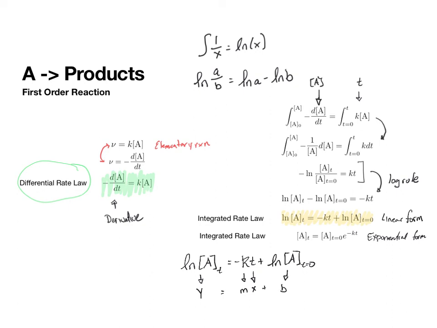This means that if I make a graph of time and the natural log of the concentration, I'm going to get a line, and the slope is going to be equal to the negative rate constant. And the intercept is equal to the natural log of the concentration at time 0.